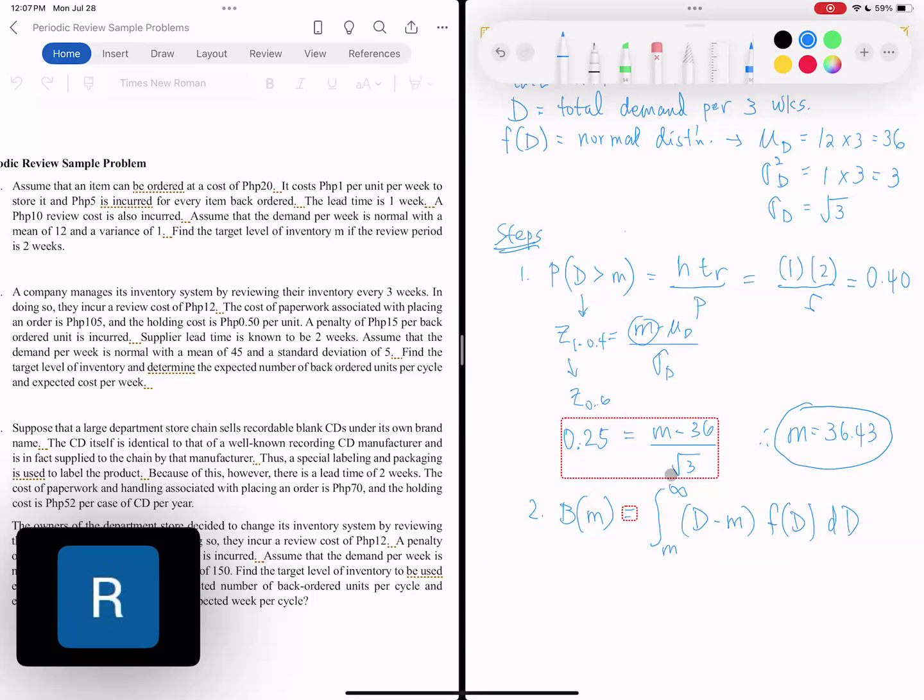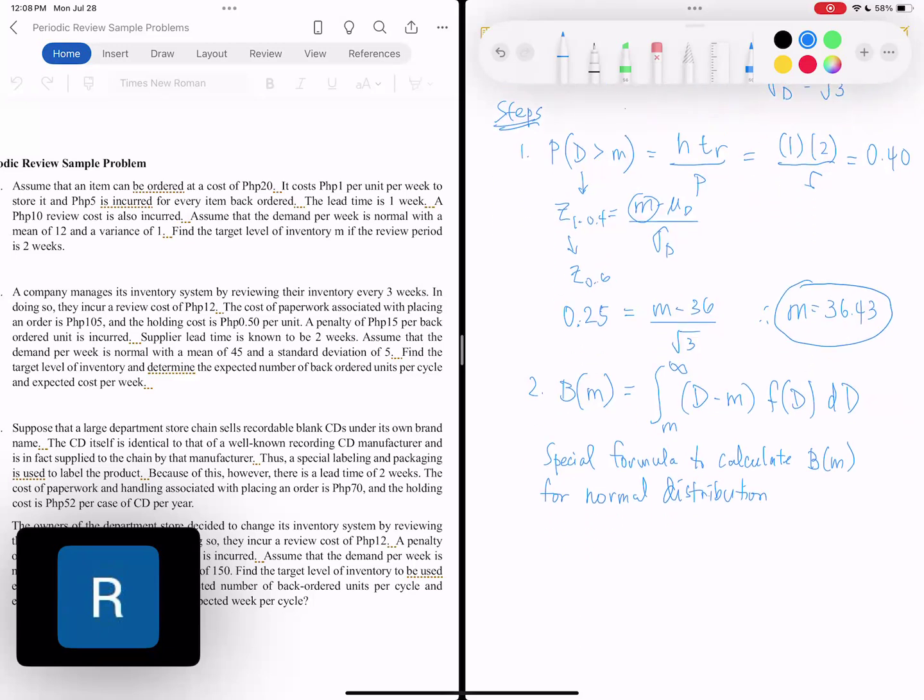If it is a uniform distribution, you put it here, then integrate to solve for B of M. But for normal distribution, you have a special formula to calculate the B of M. That special formula is the same as the special formula you had in the back order and stock out case.